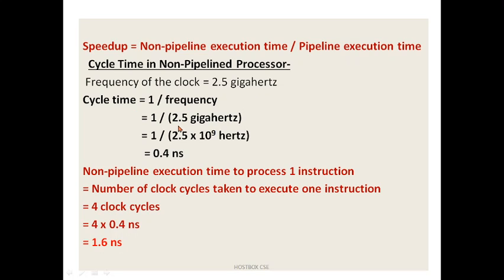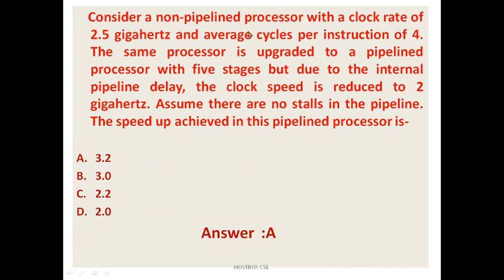So here 1 by 2.5 GHz, where you convert 2.5 into 10 to the power 9 Hz. If you solve this, you will get approximately 0.4 nanoseconds. So for the cycle time in the non-pipelined processor, we are taking the given 2.5 GHz.